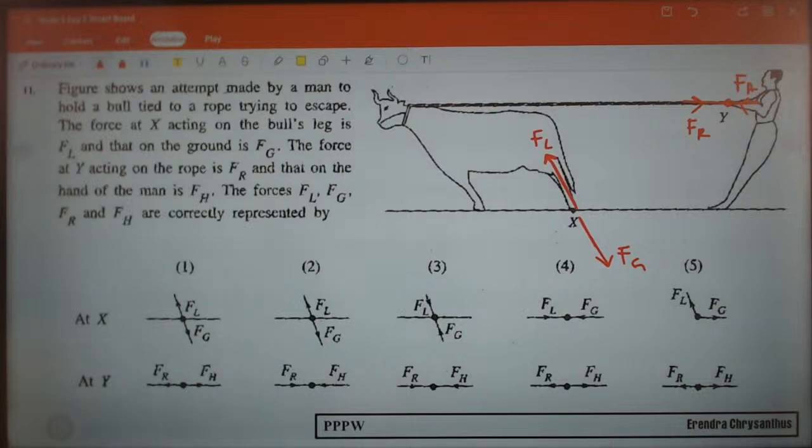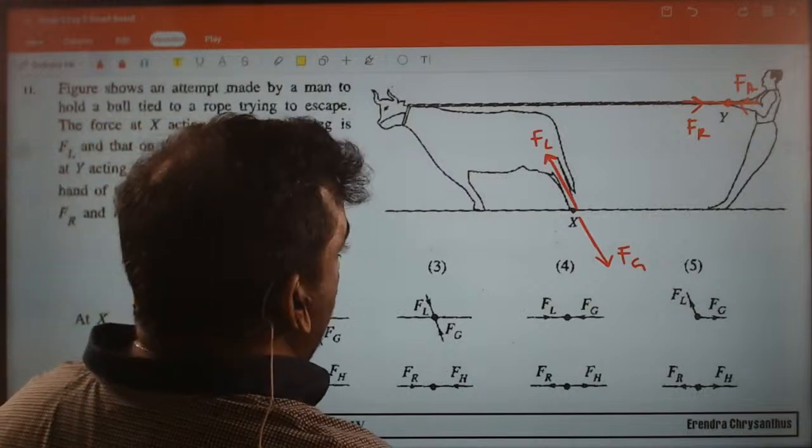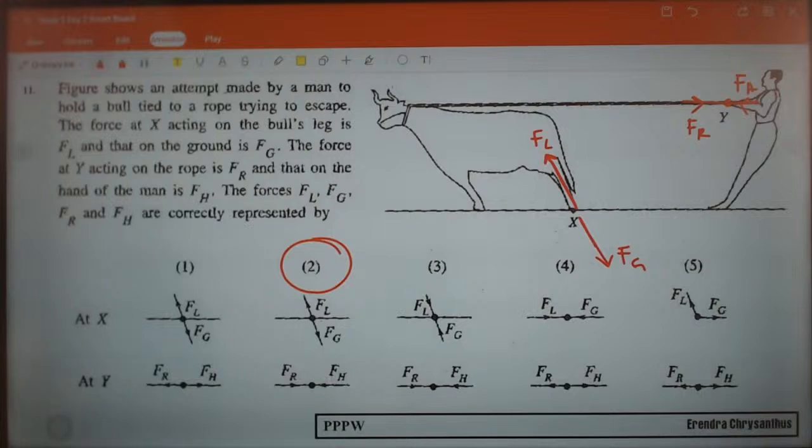So where is this given? FL, FG, FR, FH. Correct answer, answer number 2.